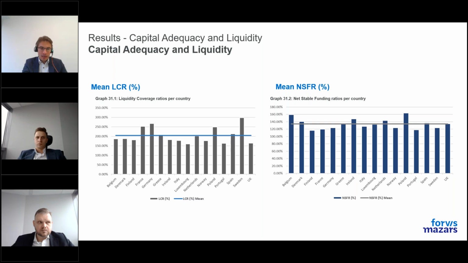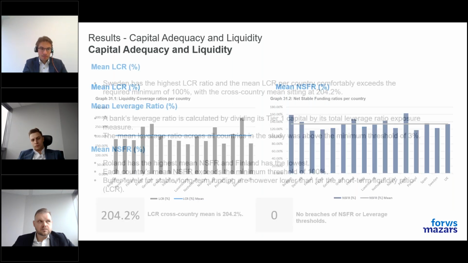We don't show leverage ratio in this slide. However, we also haven't seen any threshold breaches for that ratio.